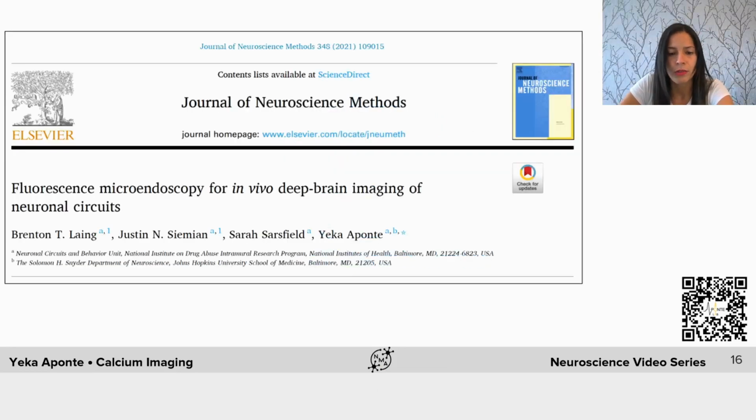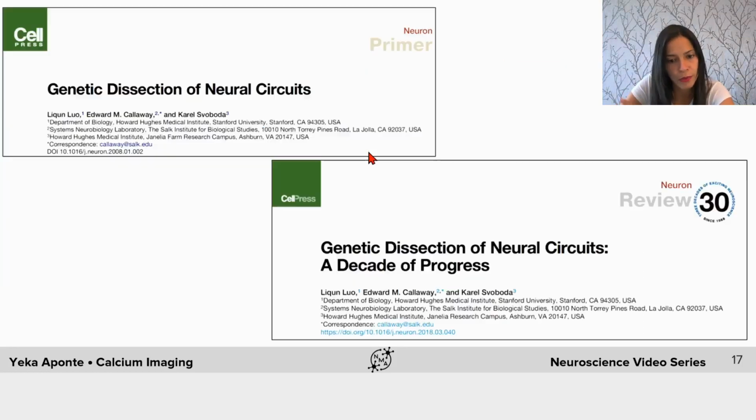All right, to conclude, I would like to state that these functional imaging methods are really marvelous. Over the past decade, these state-of-the-art methods have contributed to our understanding of how neuronal circuits encode behavior. And if you want to learn more details about these methods, I truly recommend our review article, but also my two ultimate favorite review articles on neuronal circuits by Luo, Callaway, and Svoboda.